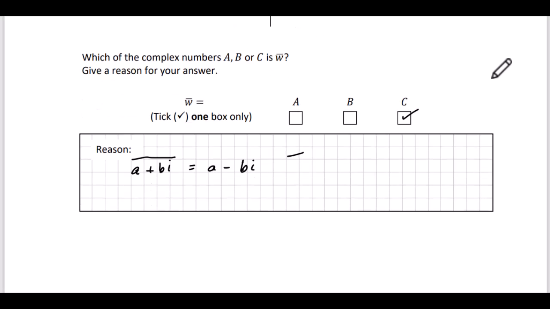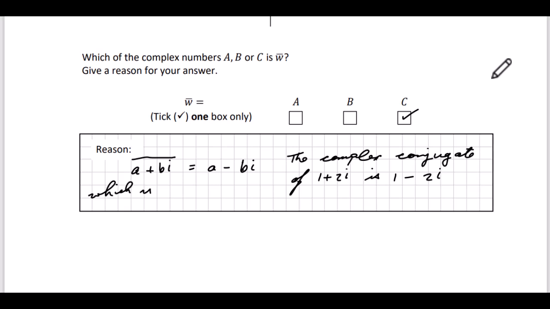So the complex conjugate of 1 plus 2i is 1 minus 2i, which is, if you like, the image of w under axial symmetry.